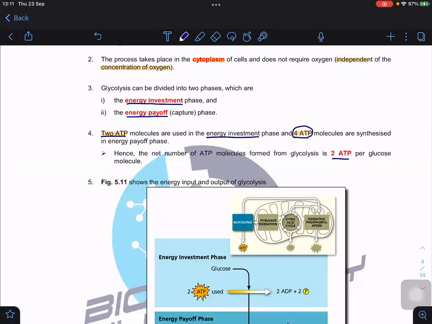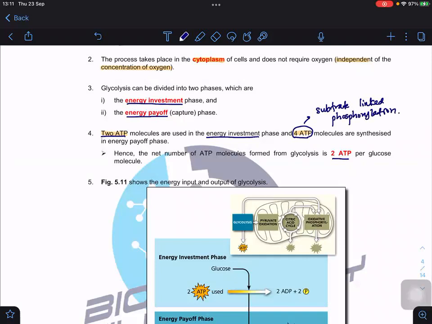This 4 ATP is synthesized by substrate level phosphorylation. Are you clear?